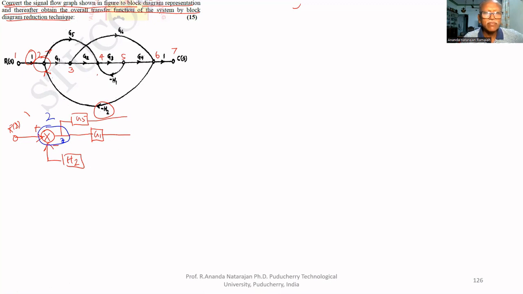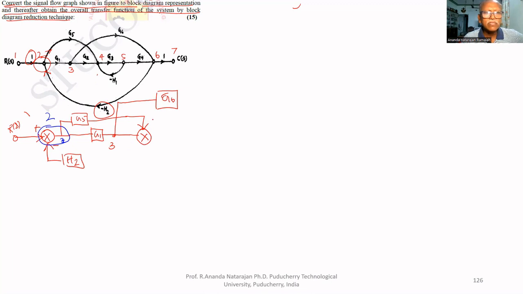Now after node 3, at node 3, there is a takeaway, that is G6. After the takeaway, at node 4, it is summing. So it is coming here.